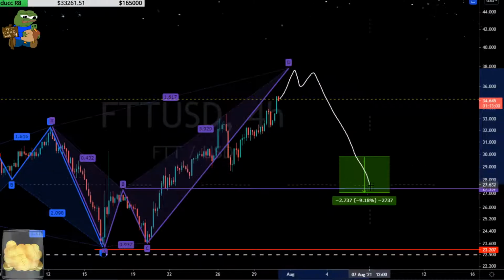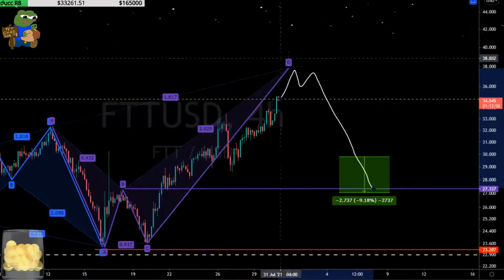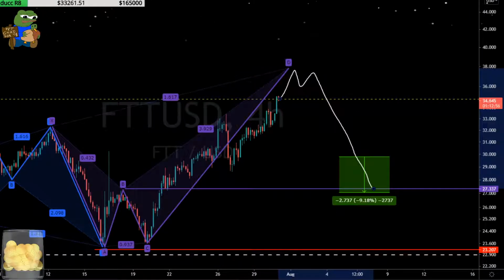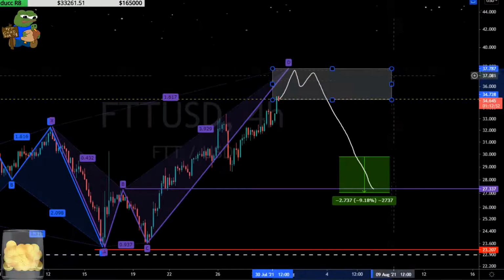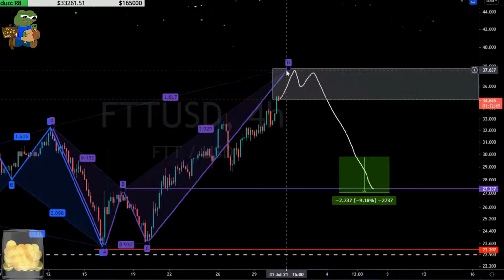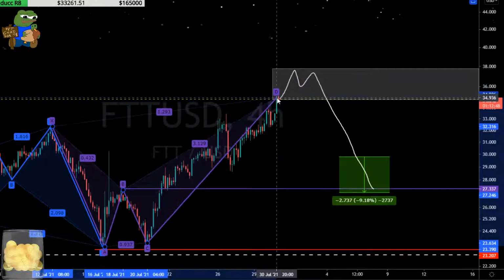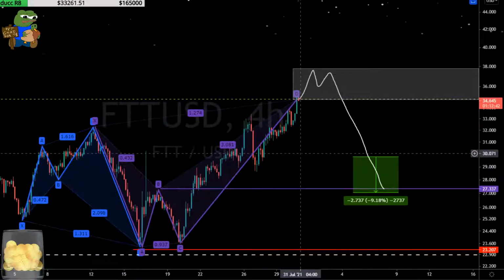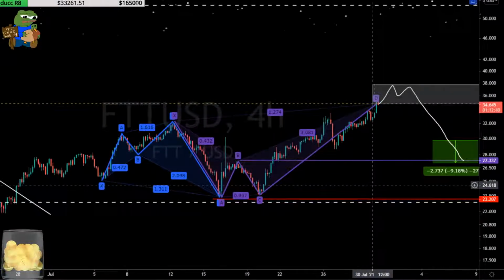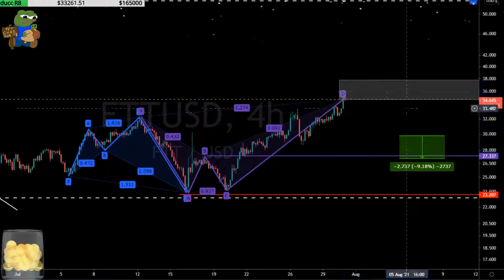This is still possible, all right? Because a butterfly has a zone between the 1272 and the 1618. Okay, so watch the butterfly, but it's valid, it's live, because you've hit the 1272 and a little bit beyond, so it's alive. Okay, this is alive, so beware.